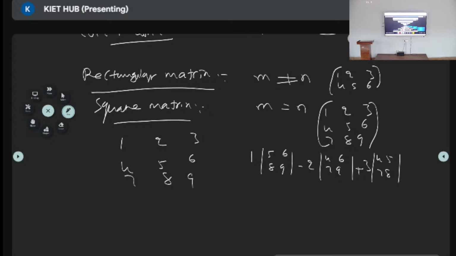How much is the determinant value? 0. Determinant value is 0.